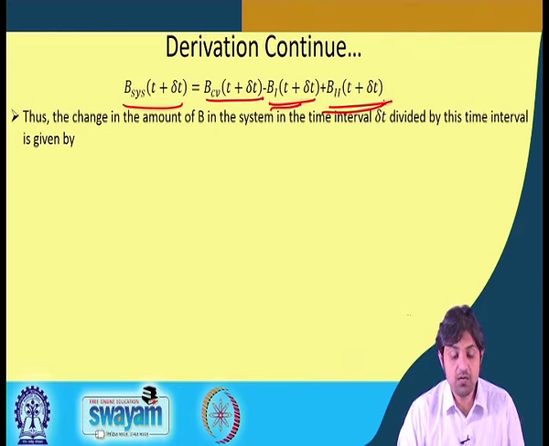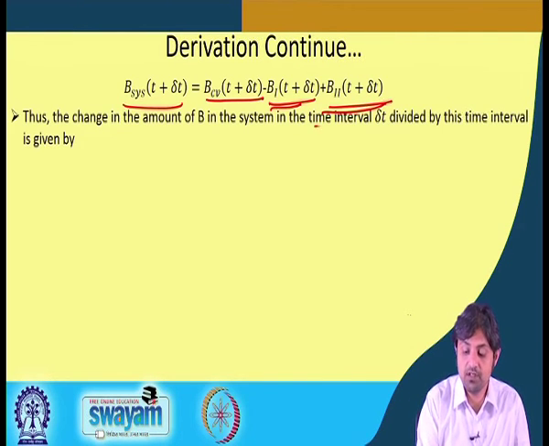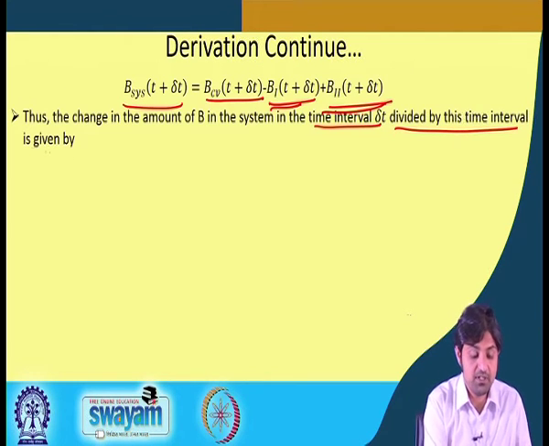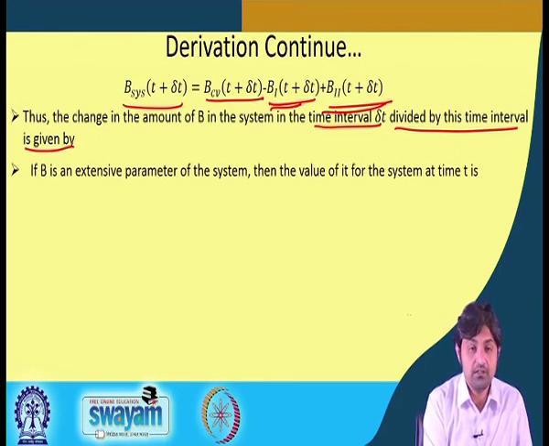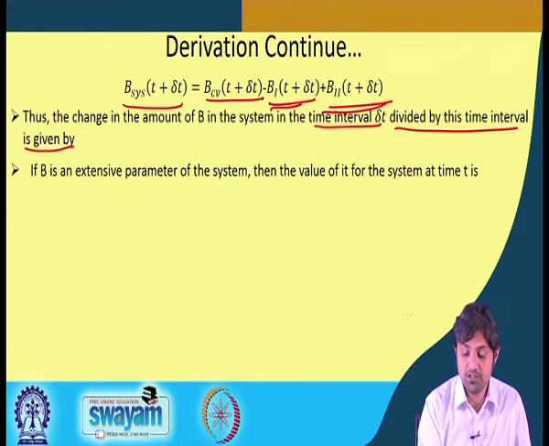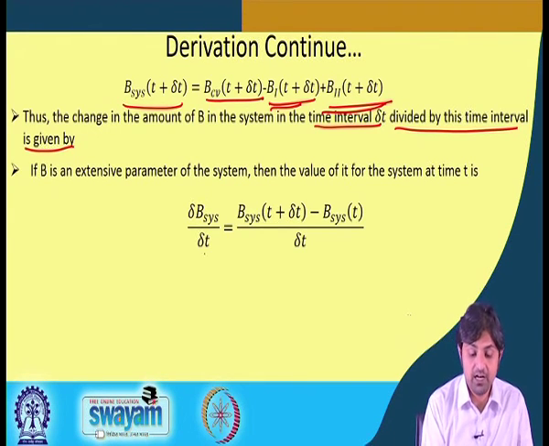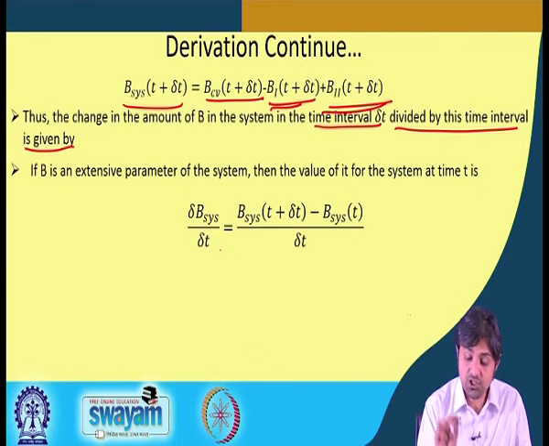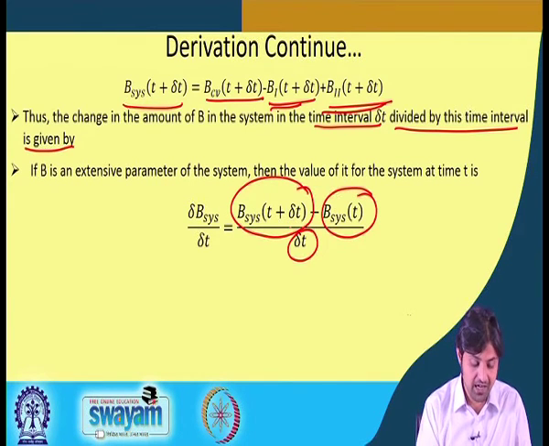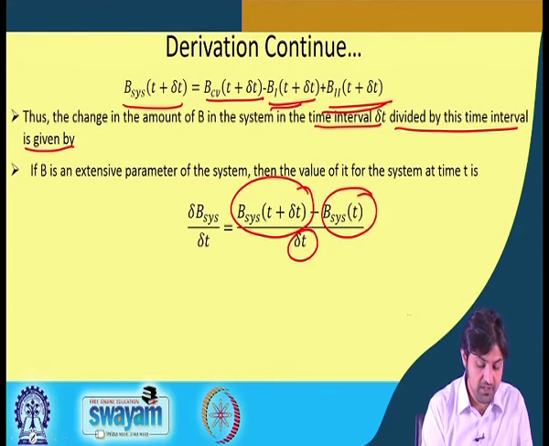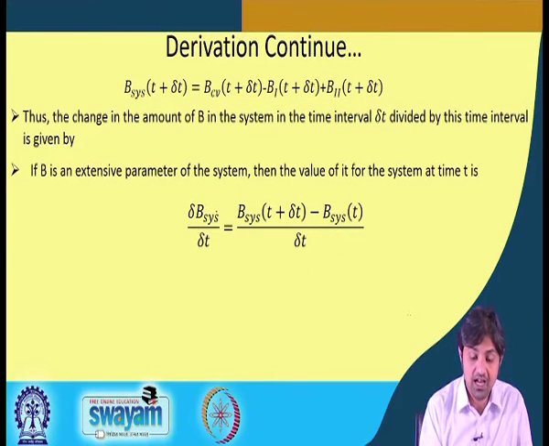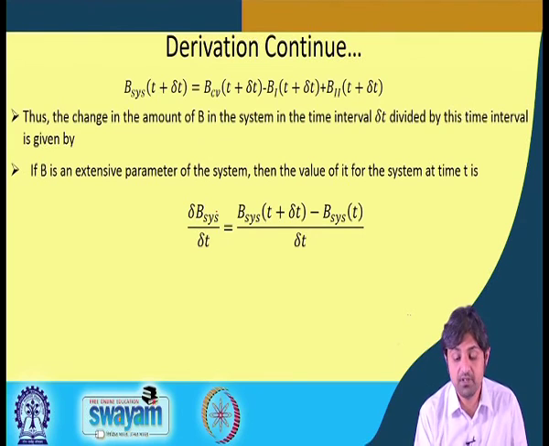Thus the change in the amount of B in the system in time interval delta t, divided by this time interval, if B is an extensive parameter of the system, we can write delta B system by delta t. So the change will be equal to B system at t plus delta t minus B system at t, divided by delta t. This is very standard, and we have already written B system at t and B system at t plus delta t.